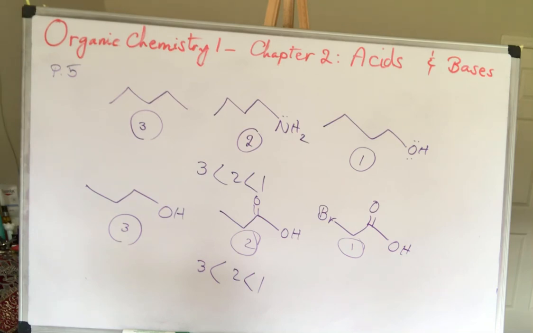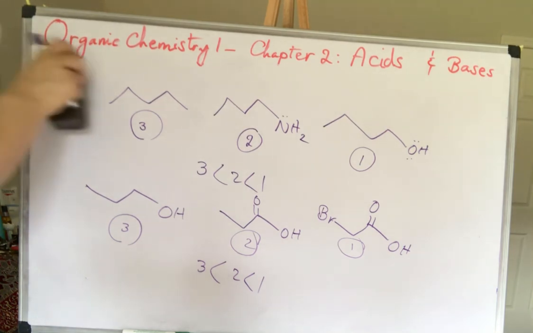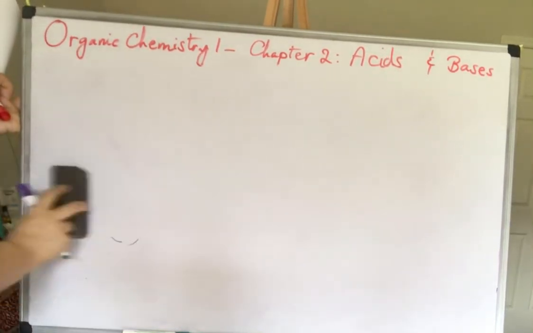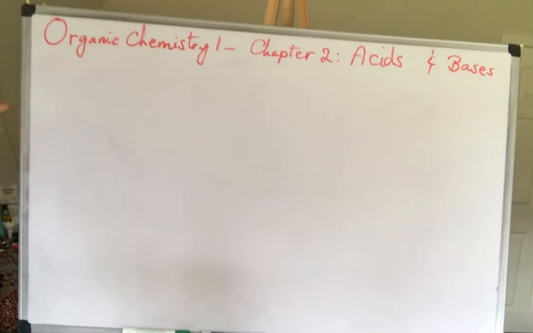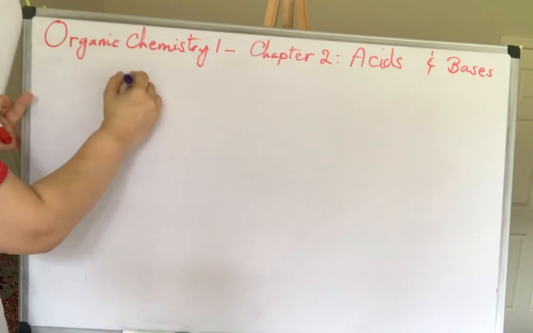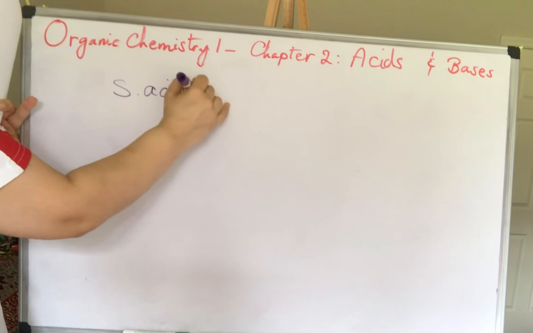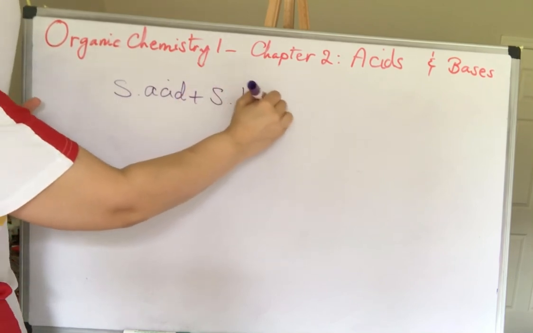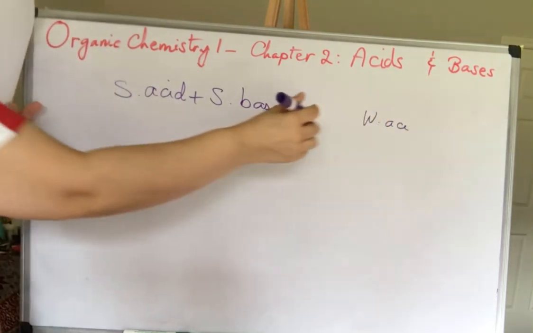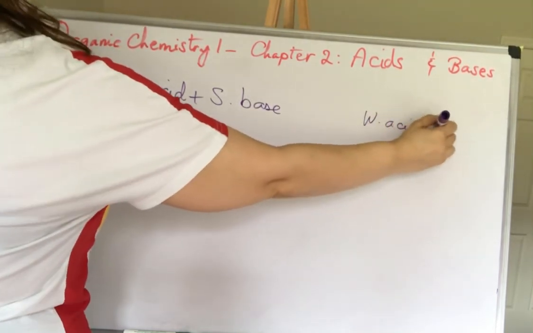And one more thing to remember, what page 6 is trying to tell you, since we're still talking about acid-base reactions, is that when we want to determine the direction of a reaction, let's say we have a strong acid plus a strong base, and here we have a weak acid plus a weak base.